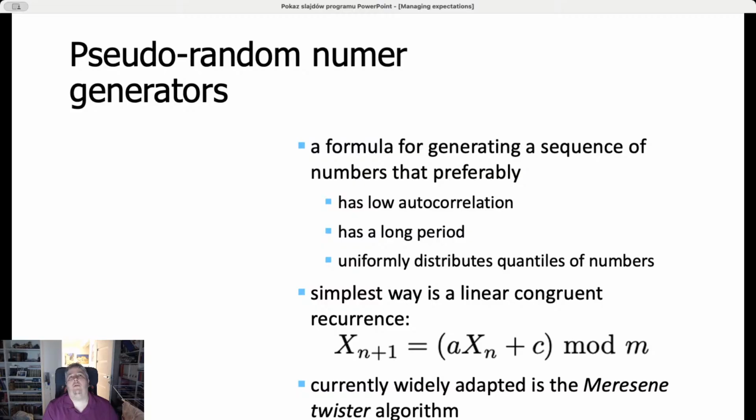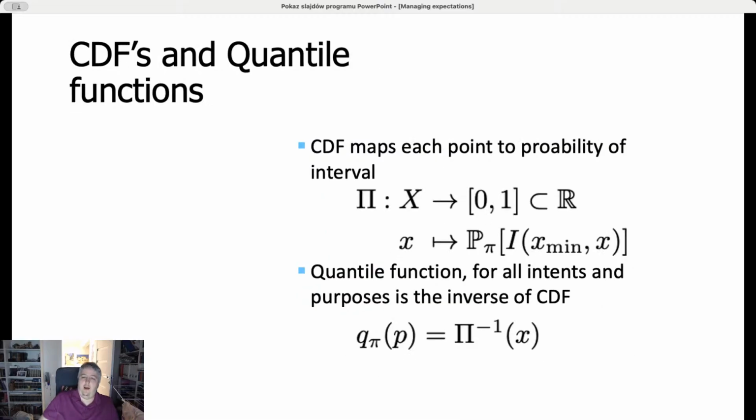Having a good pseudo-random generator, we can use it to generate samples from probabilistic distributions in order to have proper sampling procedures and estimate expected values of quantities we are interested in.